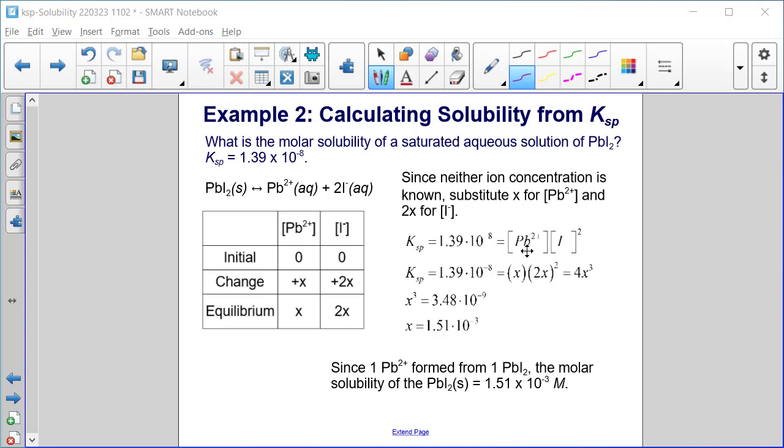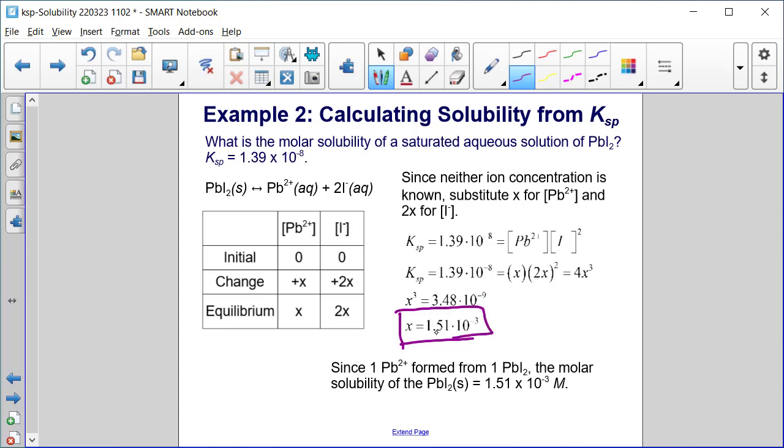And that's the product of the lead 2+ concentration times the I- concentration squared. Remember, we include our coefficient as an exponent in our equilibrium constant expressions. We substitute x for the lead 2+ ions, 2x for the iodide ions. We square that. This is 4x cubed. Solve for x, we get 1.51 times 10 to the minus 3.